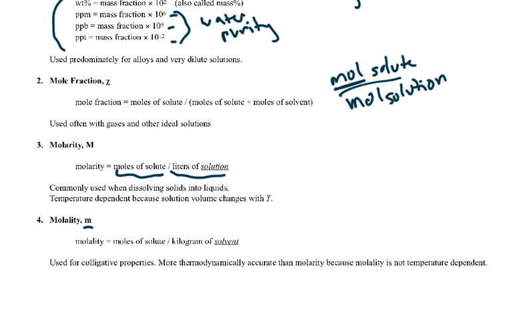Molality is the one that uses solvent instead of solution. So molality is the moles of solute divided by kilogram of solvent. It's the one that's most different from the others that we talked about. And it is used for colligative properties, which we will get into later in this chapter.